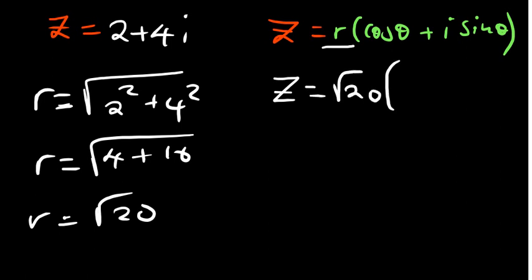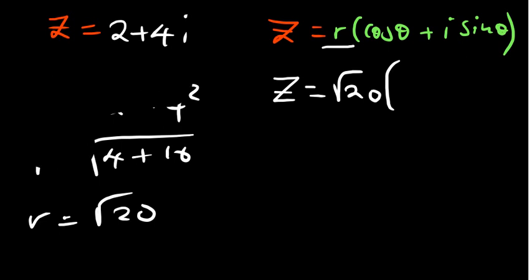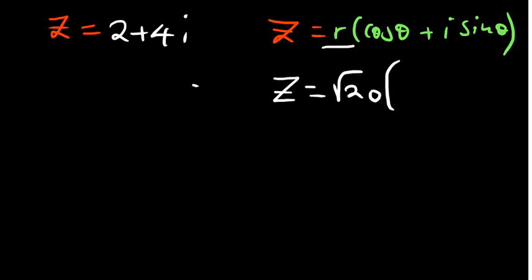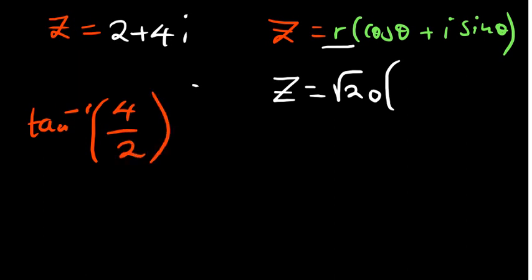It's just a matter of now finding theta. The angle theta is tan inverse of b over a, so 4 over 2. 4 over 2 is the same as 2. Is that determinable? Does that exist?